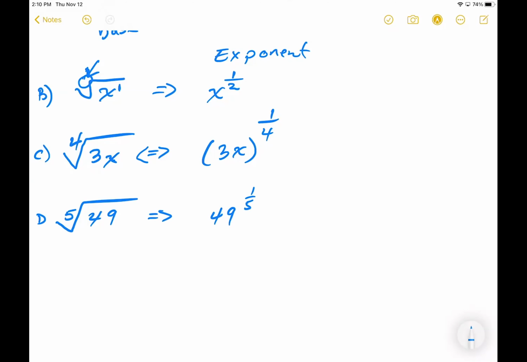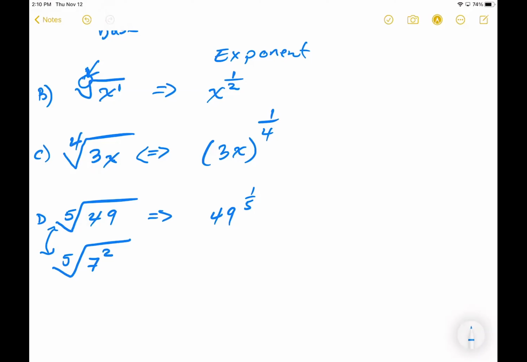The reason why they say it's not in lowest terms is that they ask: do you agree that 49 is the same as 7 squared? These two expressions are the same. The fifth root of 49 is the same as the fifth root of 7 raised to the second power.